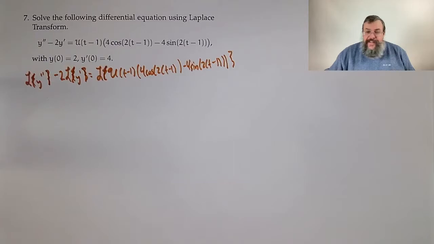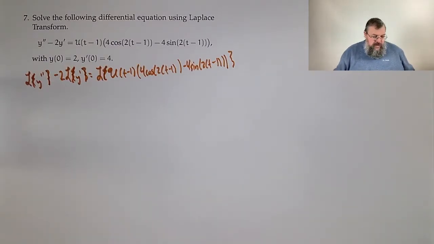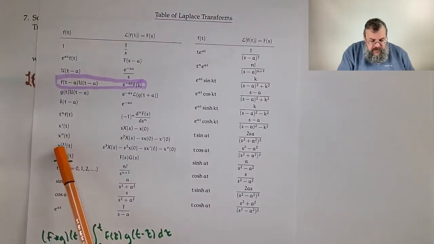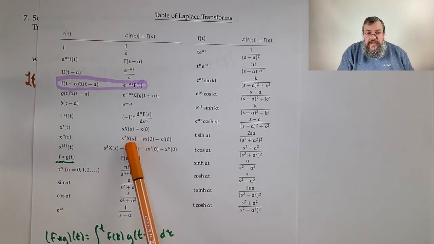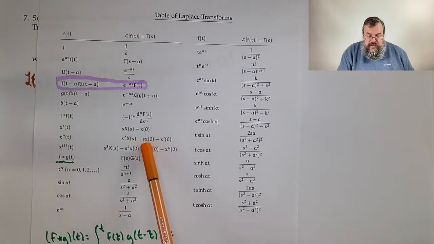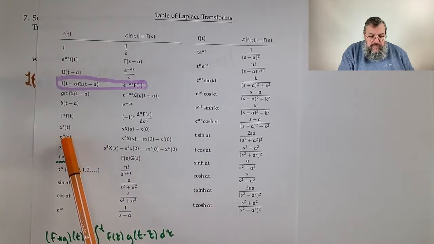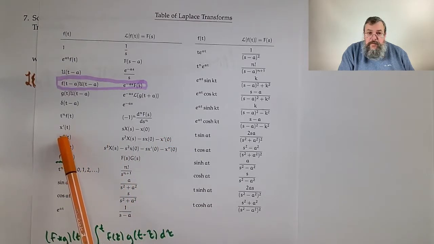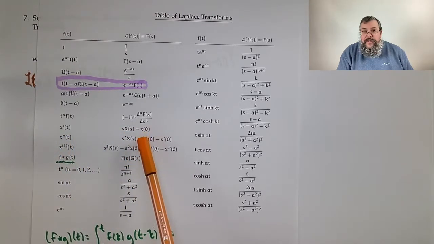We like nice things. Now, for the second derivative, there's a nice formula that we can refer to. For the second derivative, it's s squared times the function we're after. Then don't forget there's a minus s times the function at 0 and minus the derivative at 0. And I'm not going to refer back again here, but the x prime will also need s times the function we're after minus the function at 0.